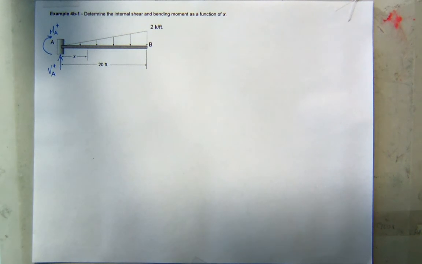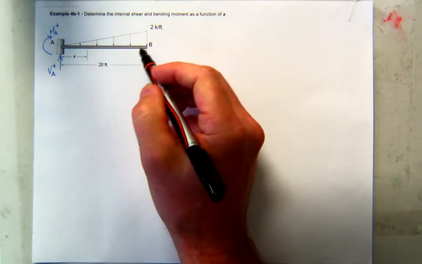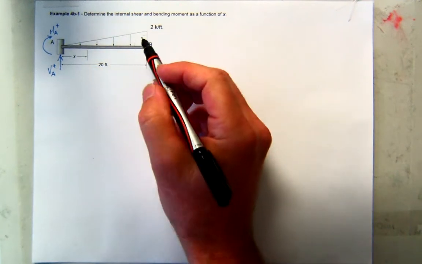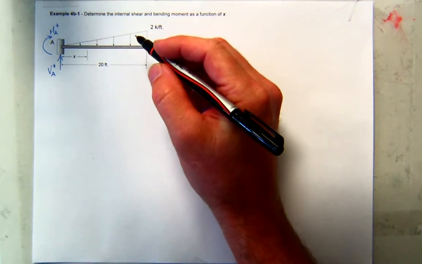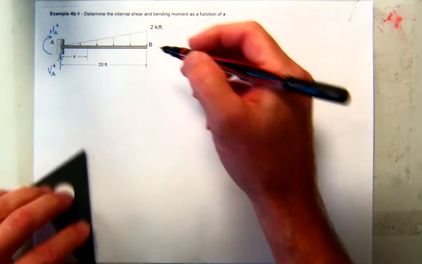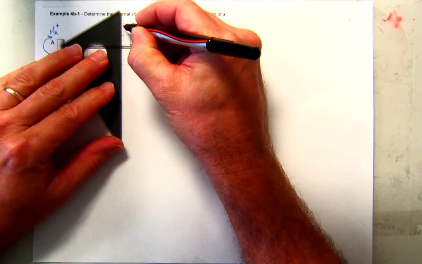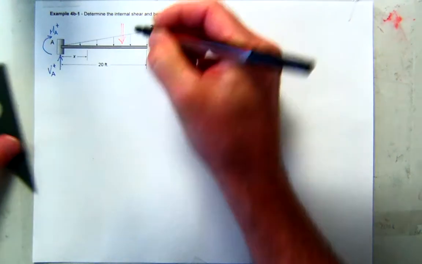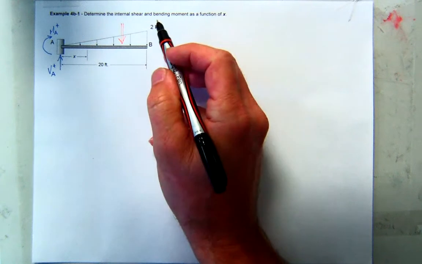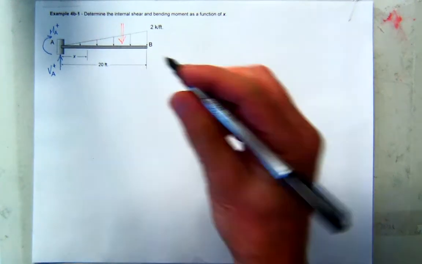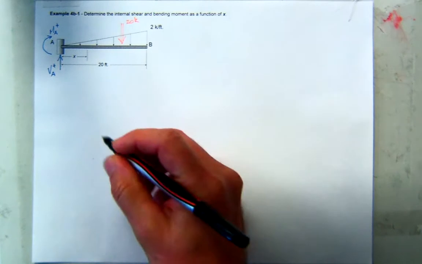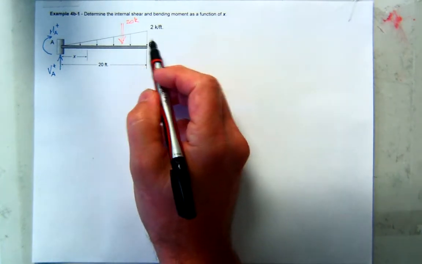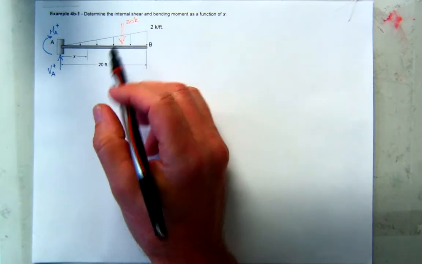So how are we going to handle this distributed load? What do we usually do? Yeah, we'll turn it into an equivalent concentrated load and at the centroid. So what would be the equivalent concentrated load of a triangle? It would be 1/2 base times height, which looks like it's going to be 20 kips. And the centroid is 1/3 from the big end or 2/3 from the small end.